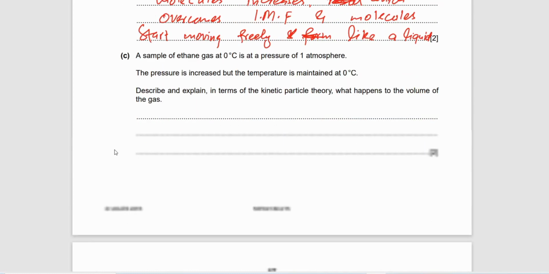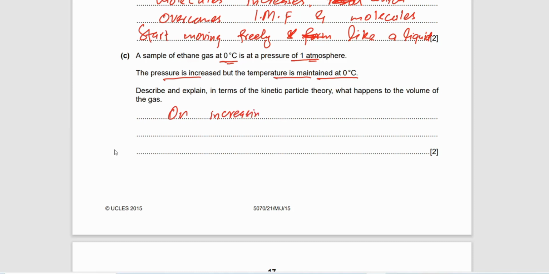A sample of ethane gas at 0 centigrade and at pressure 1 atm, atmospheric pressure. The pressure is increased but the temperature is maintained at 0 centigrade. Describe and explain in terms of kinetic particle theory what happens to the volume of the gas. So pressure is increased. On increasing pressure, what will happen?